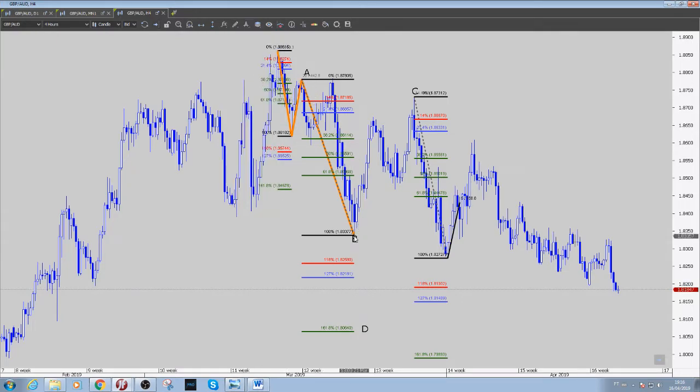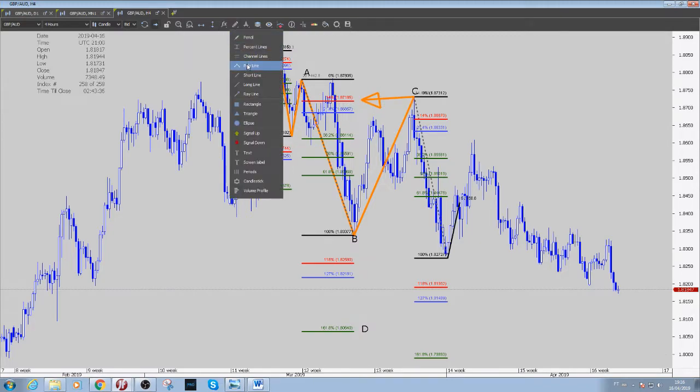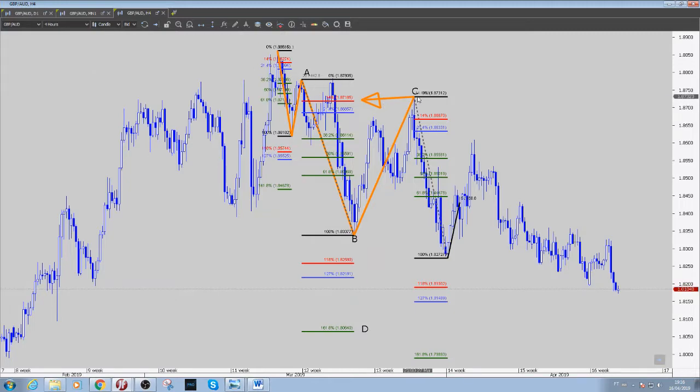A goes to B, B goes to C, right? Where is the C? The C is at the red level. If the C of the original Fibonacci is at the red level, where is the D extension? Yes, sir, at the red level.